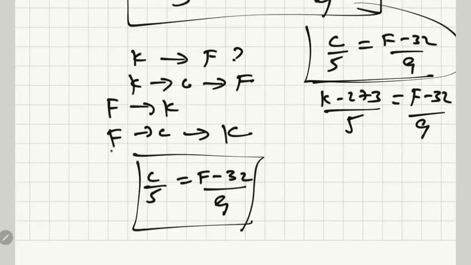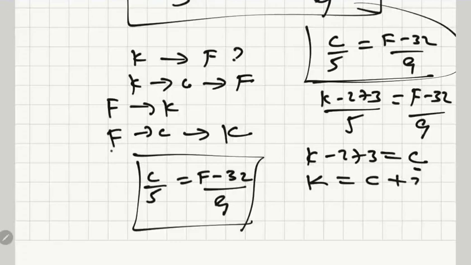Now, very simply, K minus 273 is the Celsius reading. So you can have the Celsius reading by subtracting 273 from the Kelvin reading. And the Kelvin reading is always the Celsius reading plus 273. This is the other way.